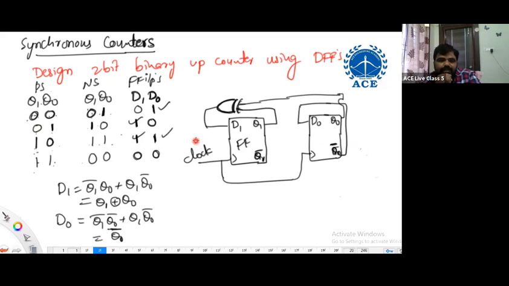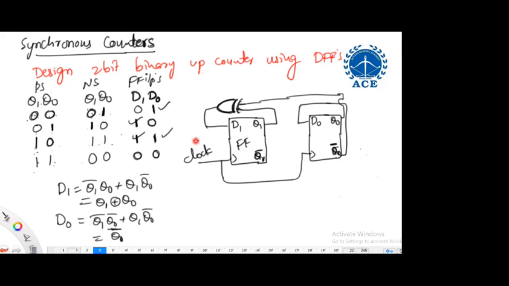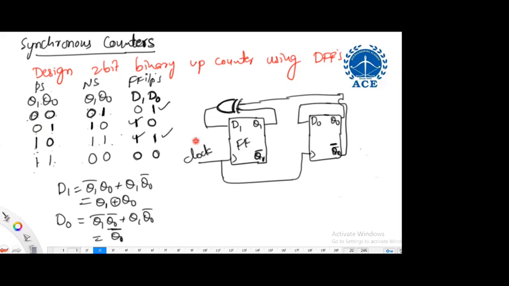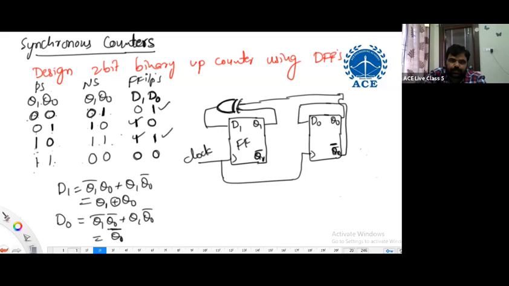Whether it is working as expected or not will depend on those parameters. That I'll discuss later, why we need setup and hold also. My doubt was whether setup time and hold time are expected in both flip flops and latches, sir. Flip flops only, not latches. Only flip flops. Okay, thank you, sir.